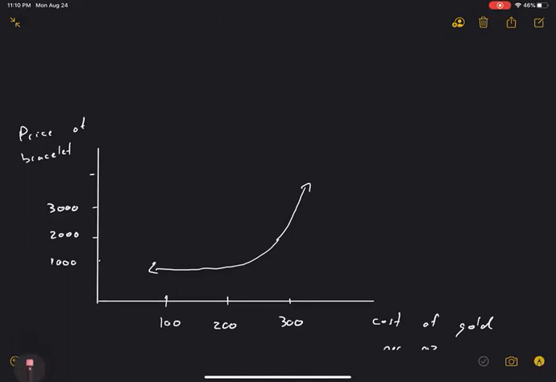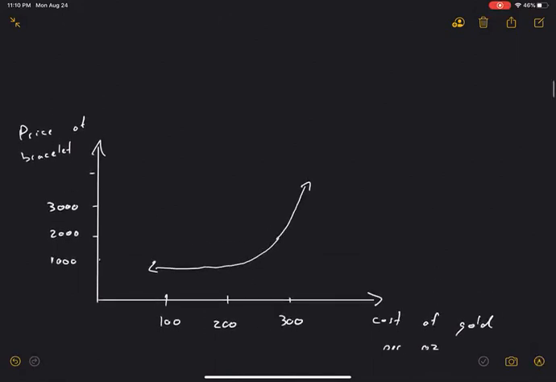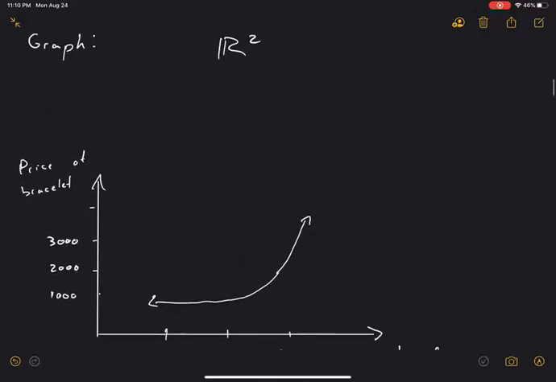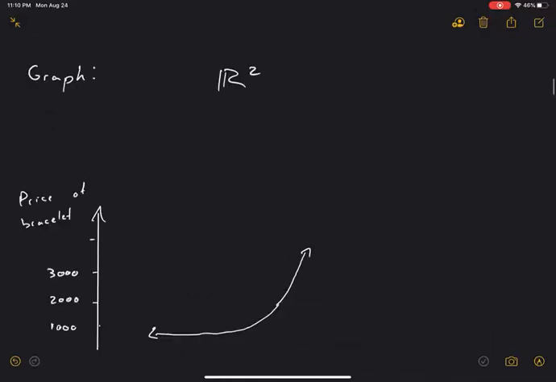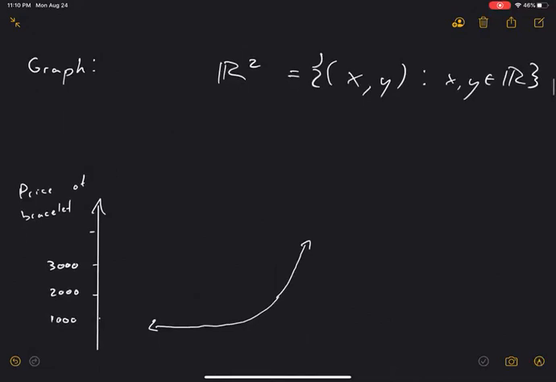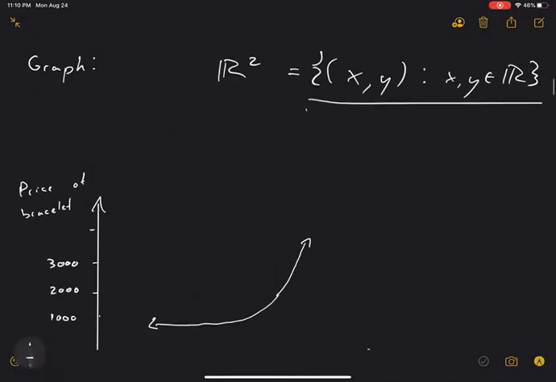My one number line would be one-dimensional, and then my graph in the X and Y plane would be two-dimensional. So essentially R2 is just all the points of the form (x, y), which we could write like this. We'll talk more about notation like this later on.